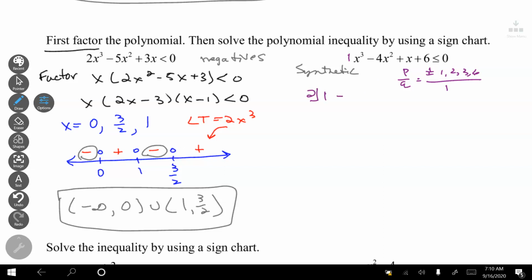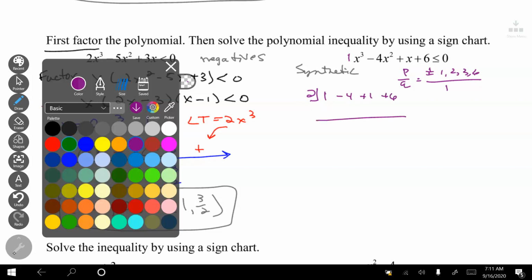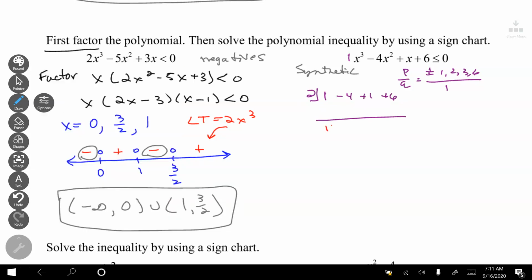My coefficients. I draw my line. I bring down the 1. I get 2. I get -2. So 2 is a factor.